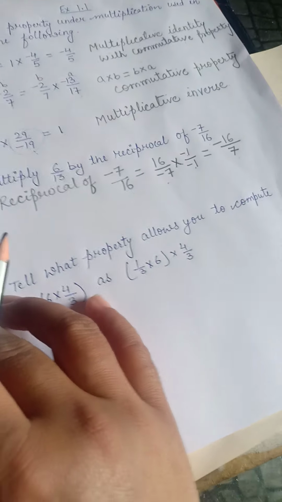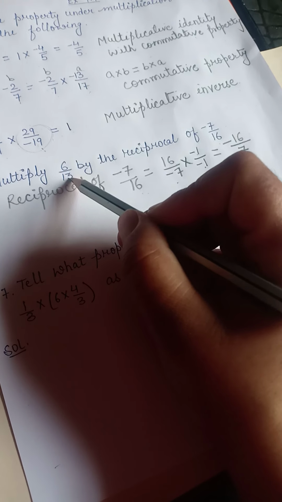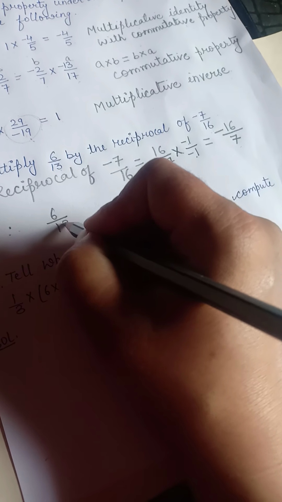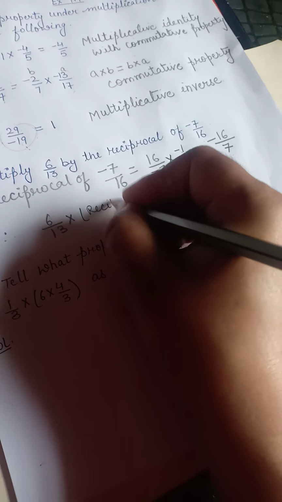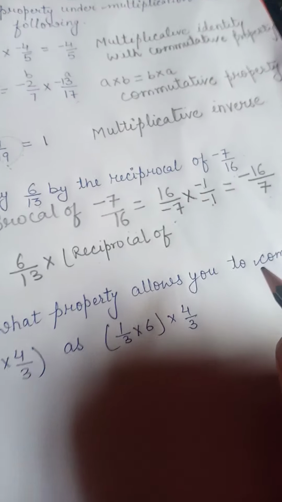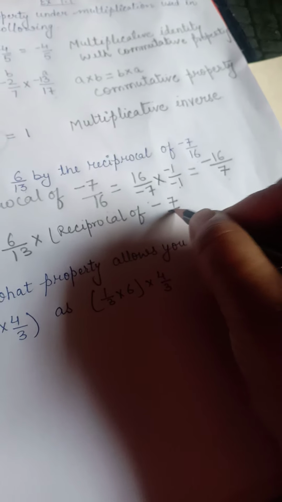Now according to the question, we have to multiply 6 upon 13 with the reciprocal of -7 upon 16. So we write 6 upon 13 multiplied with the reciprocal of -7 upon 16.